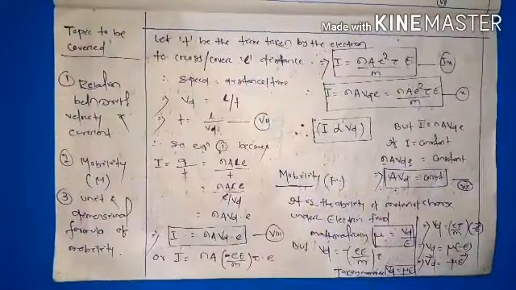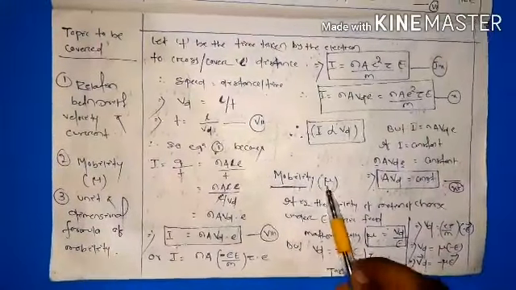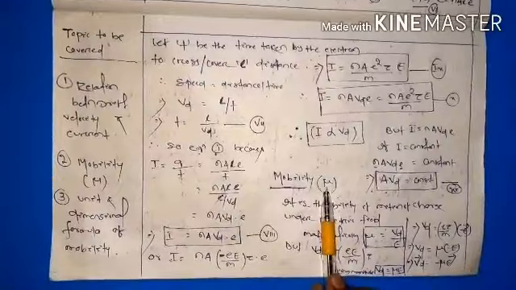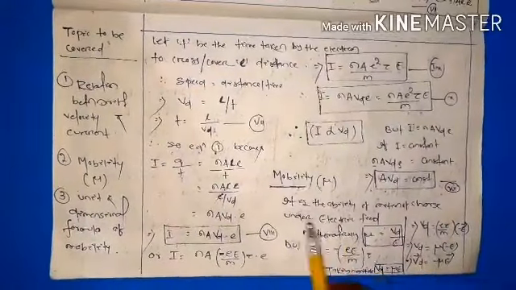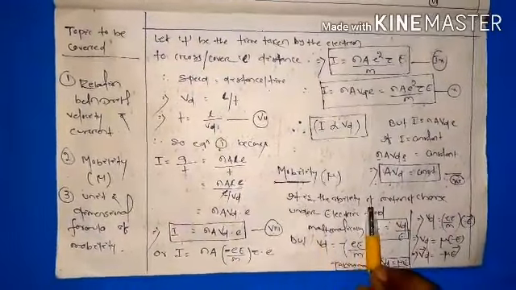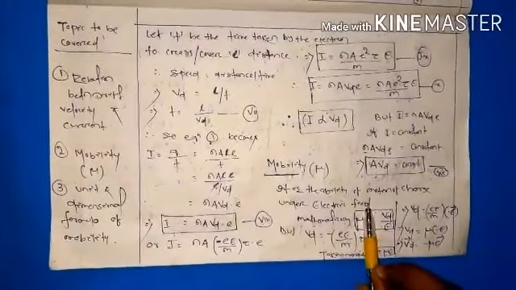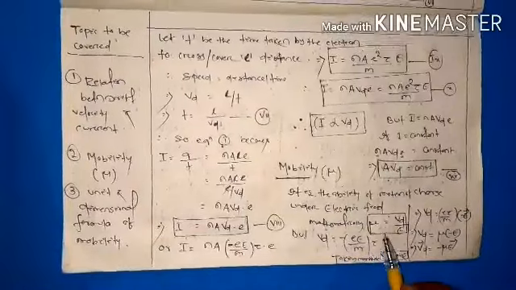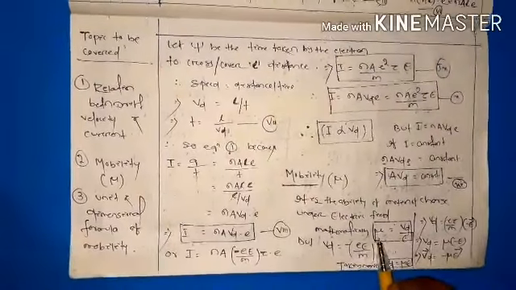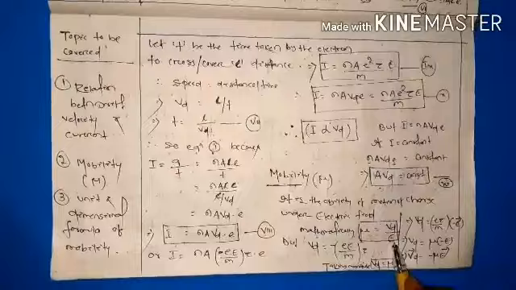Then mobility. Mobility is symbolically written as mu. Mobility means the ability. Simply, it is the ability of motion of charge under electric field. Mathematically, mobility is equal to drift velocity per electric field.